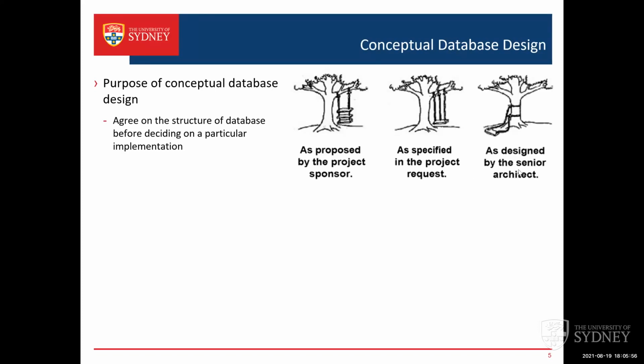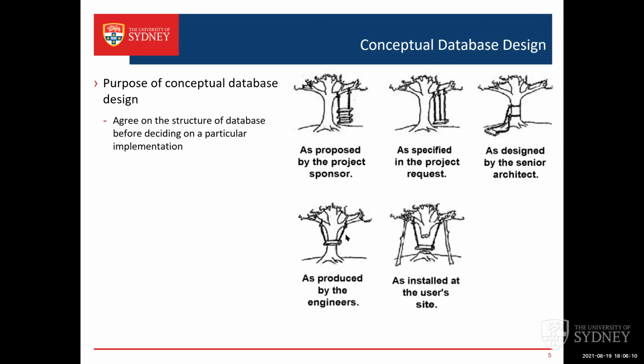When a senior architect designed this project, this is what he designed, because he didn't understand the specification clearly. When it goes to the engineer, this is how the engineer tries to install it. And finally, when you are delivering it to the user, the target is anyhow to install that software at the customer end, and that is what you are doing.